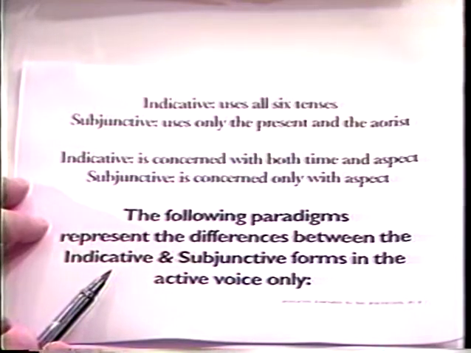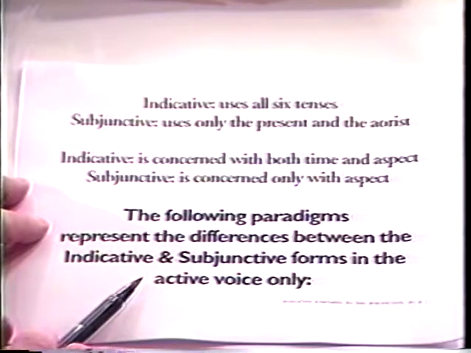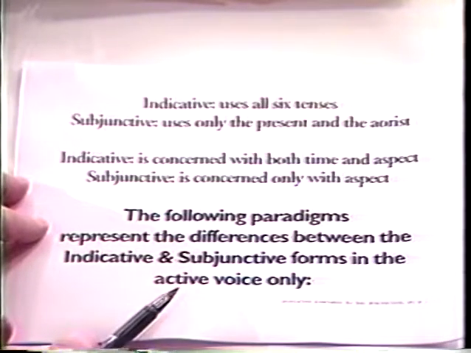The following paradigms represent the differences between the indicative and the subjunctive forms in the active voice only. The reason that I'm presenting these paradigms to you is to show you the difference between the indicative and the subjunctive. If you have learned your indicative verb forms, then subjunctive will be easy, because the subjunctive will be using the very same endings that you have already learned in the indicative.